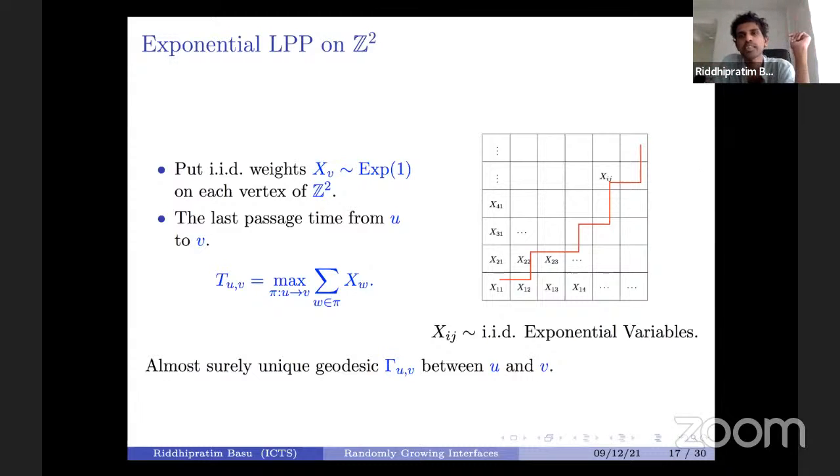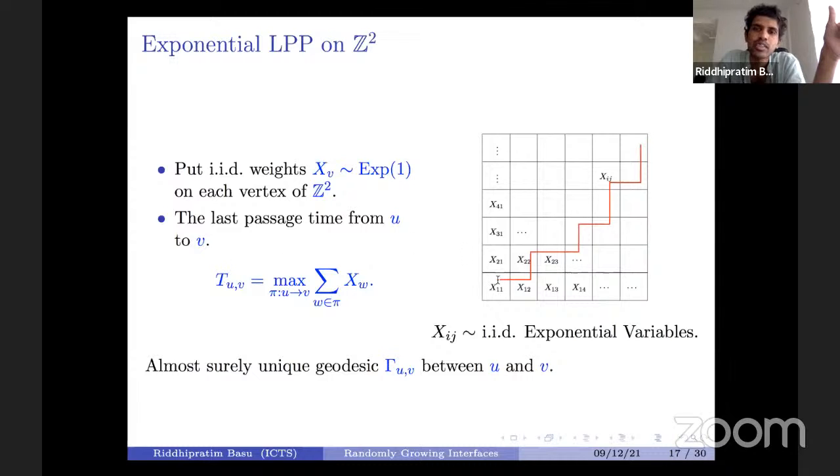One other object that will be of interest to us is the optimizing paths. Because the exponential random variables are continuous, there will be a unique optimal path which will attain this maximum, and we'll call it a geodesic. Notice that this is not a metric. This is like an anti-metric. It satisfies the reverse triangle inequality.